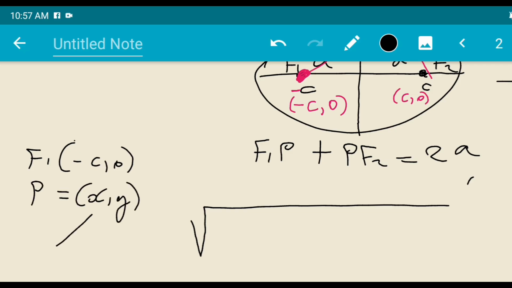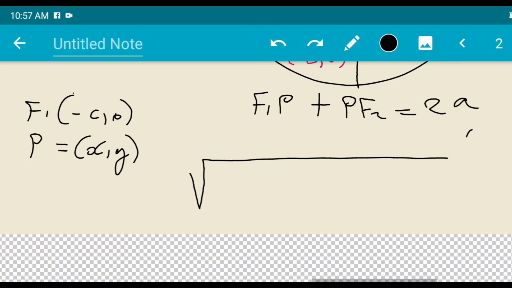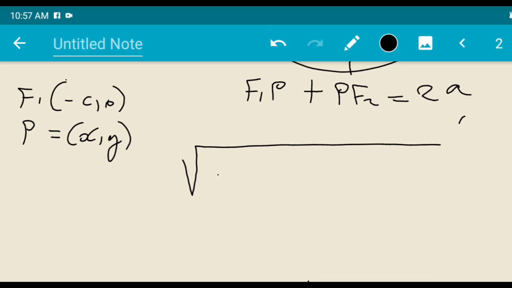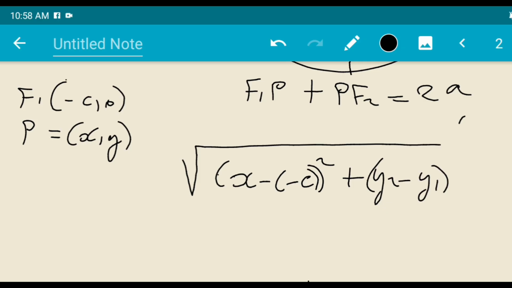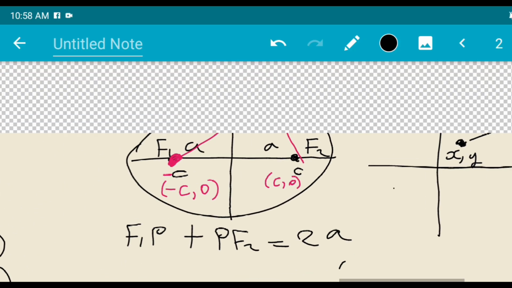So this is what we're going to use, x2 and y2, because it's lying on the surface of this ellipse. So it will be the square root of x2 minus x1, which is minus -c, close bracket, squared, plus y2 minus y1, squared. So we've written down our distance equation for f1 and p, which is just simply for these two.